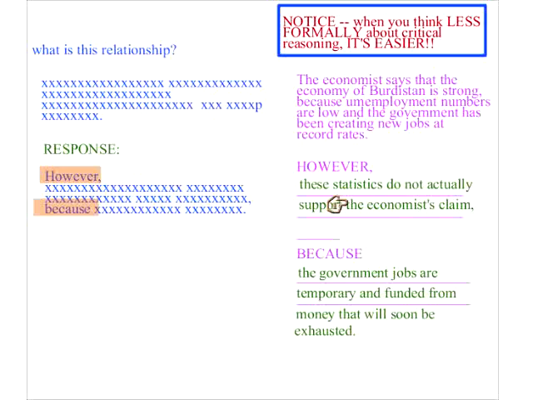So what's going on here is basically the economist is making an argument, but then we're saying it does not support the economist's argument. Same statistics. So this is a problem where we're trying to weaken the argument.